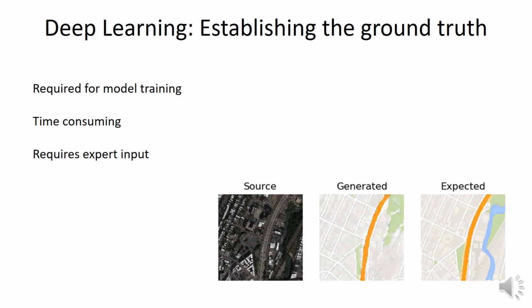However, it is important to keep in mind that for deep learning models to work, an investment in time, expertise, and resources is initially required. Establishing the ground truth when it comes to structures on an image is paramount for model training. However, it requires expertise and can be time-consuming depending on the complexity of the question that is being asked.